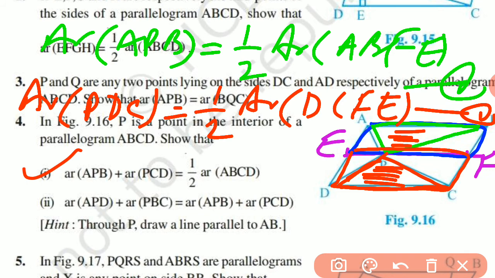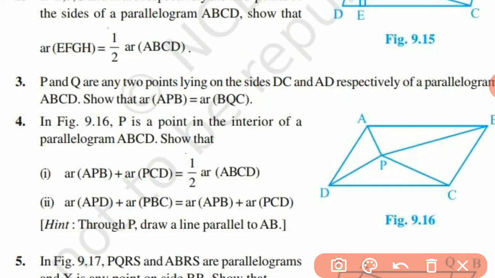Similarly, when we draw a line from here to here, parallel to AD, then area of this triangle plus area of this triangle equals half of the area of parallelogram ABCD.